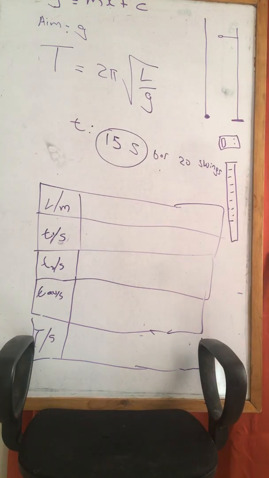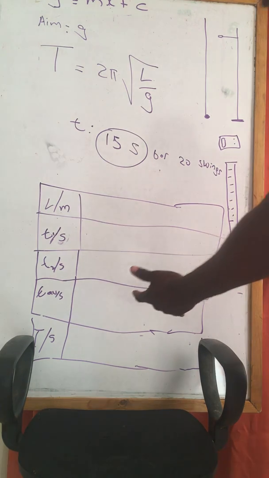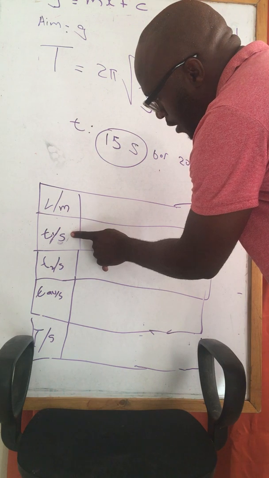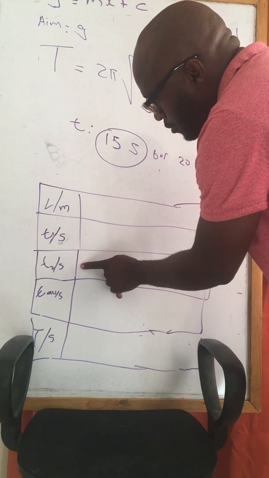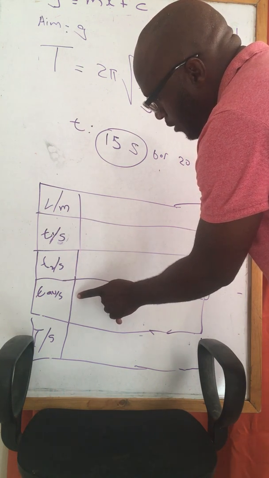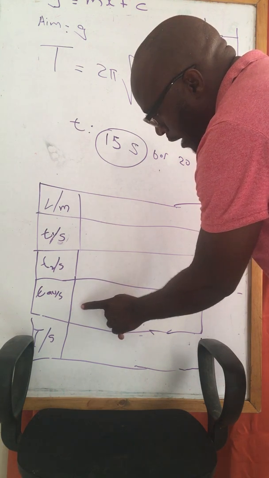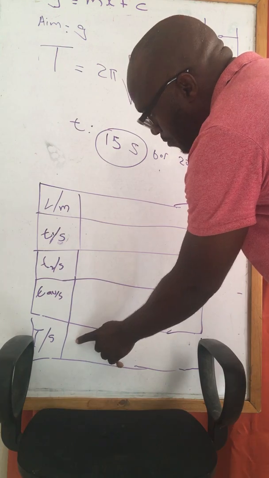So you could plot T, because we now know how to get T. You simply get t1 plus t2 divided by 2, you get T average, and T average divided by 20 is going to give you big T.